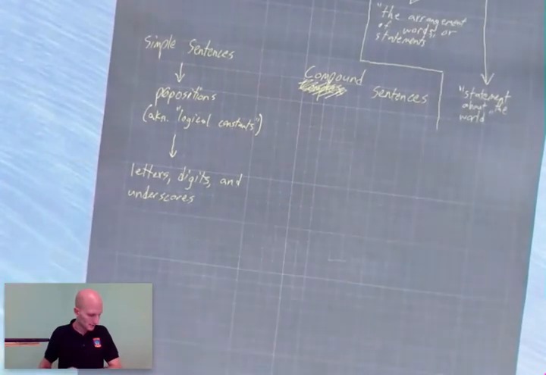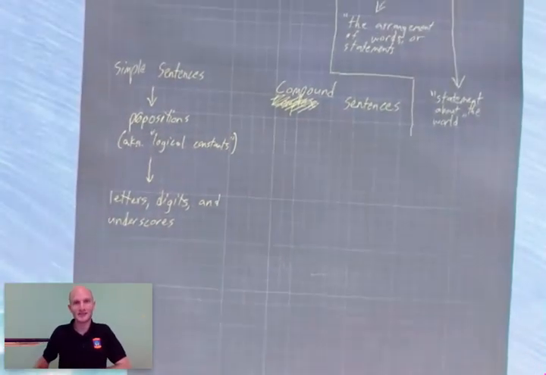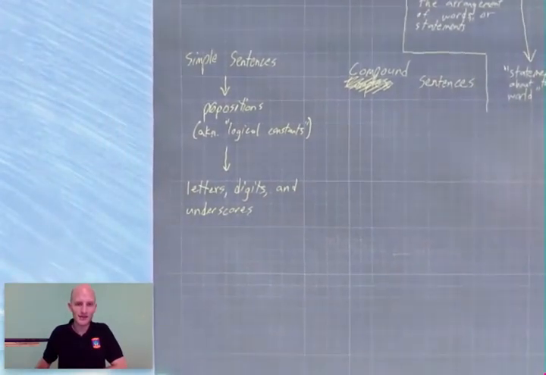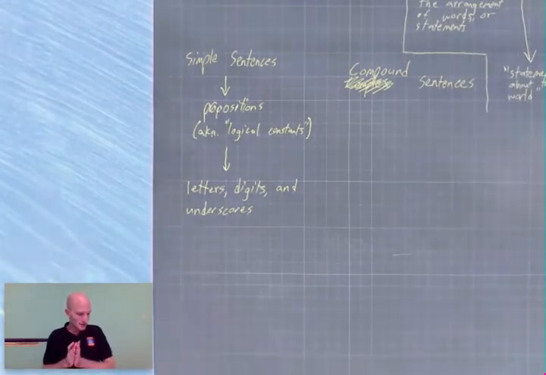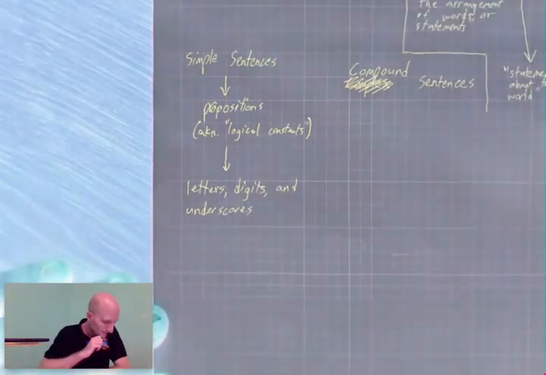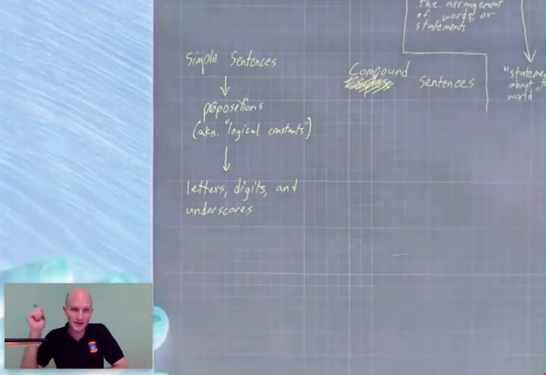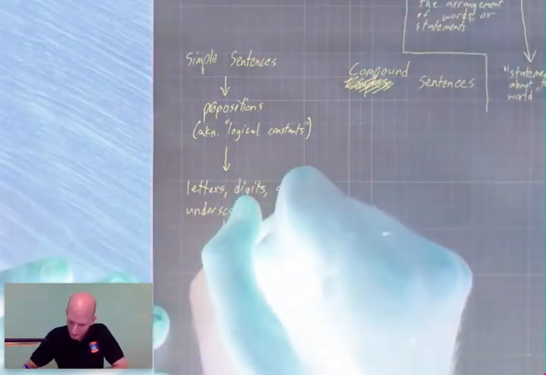Now, a simple sentence. I was thinking right now, do I tell you this next detail? And I've decided that yes, I will. A simple sentence, or a logical constant, always starts with a lowercase letter. If it does not start with a lowercase letter, it is not a logical constant.